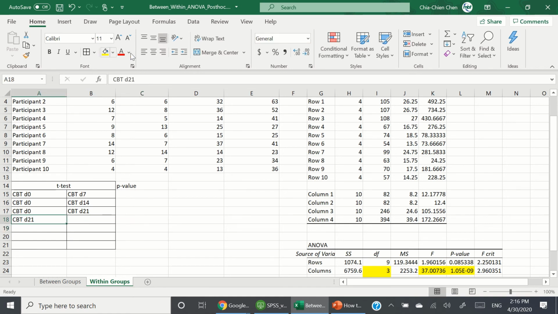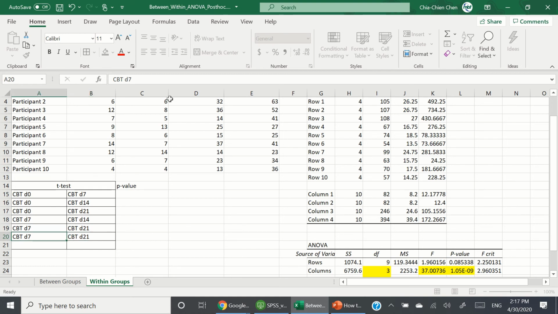Okay, and now here you got day 7 versus day 14, and now here you got day 7 versus day 21, and down here you got day 14 versus day 21.